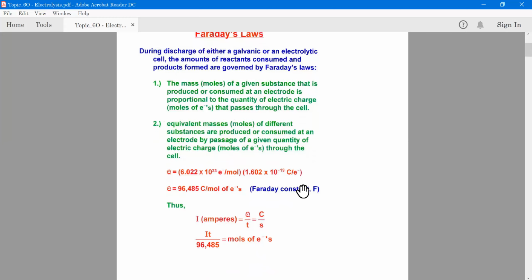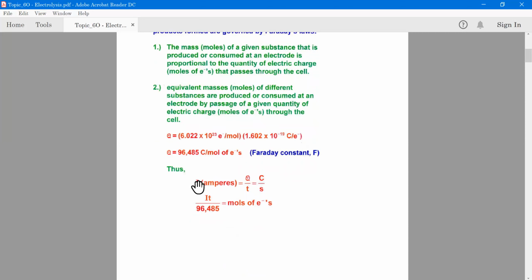So overall then, if you remember from your physics courses, current is essentially the charge per unit time that passes a given point. The current in amperes is the number of coulombs per second. And if the number of coulombs is represented by Q, the total charge, and the time is given by t, we just rearrange this, put the t over on the left side here.